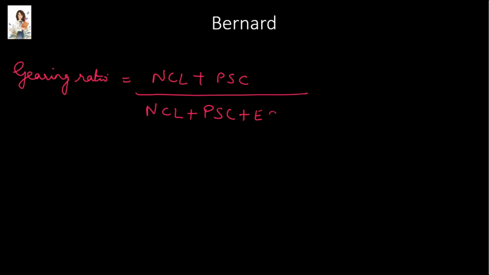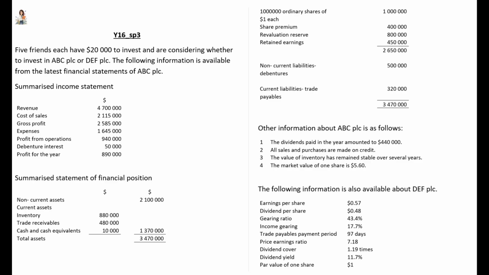The formula for gearing ratio is non-current liabilities plus preference share capital upon non-current liabilities plus preference share capital plus equity or ordinary share capital plus reserves, the whole thing multiplied by 100. Let us find these figures in the question. The company has only one non-current liability, that is debentures of $500,000. It has ordinary share capital of $1 million.